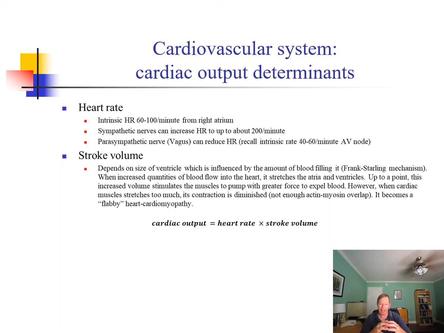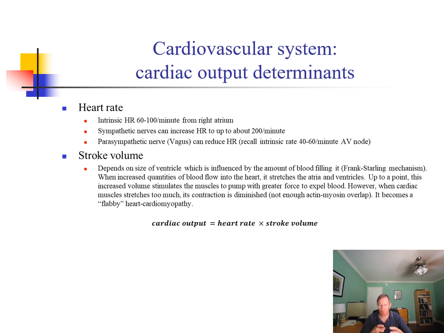And whenever I have too much fluid that comes back, I want to be able to squeeze a little bit more tightly to expel that extra blood. That process is described by the Frank-Starling mechanism. It says that up to a point, as you stretch out those ventricles, there will be a higher contractility, higher pushing out of blood as it stretches out those ventricles.